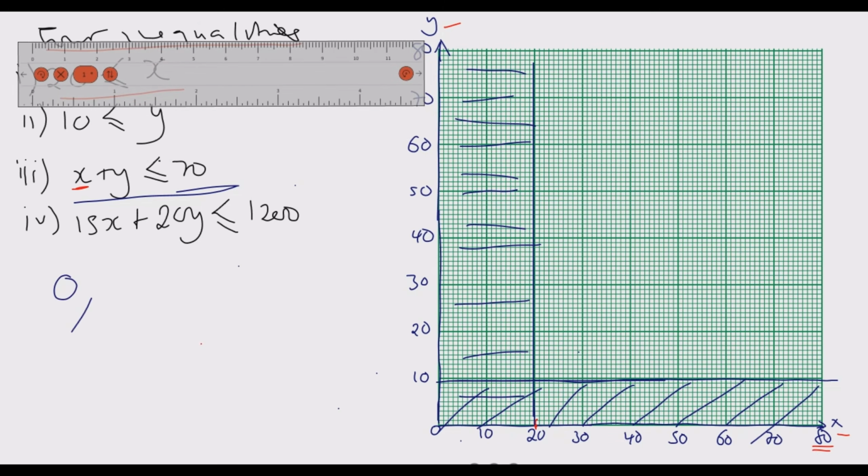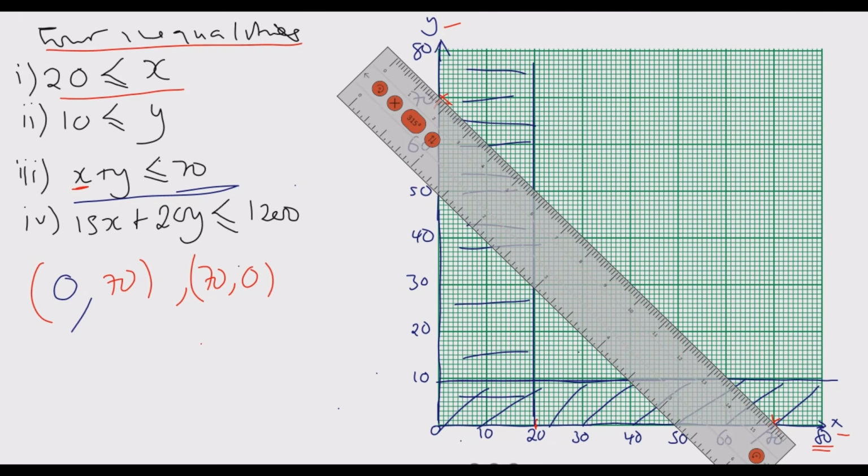Alternatively, when y becomes 0, x becomes 70, then y is 0. So we have these coordinates. These are the two extreme points. It's this point and that point. So we need to get a ruler and join these 2 points to see how the line moves.